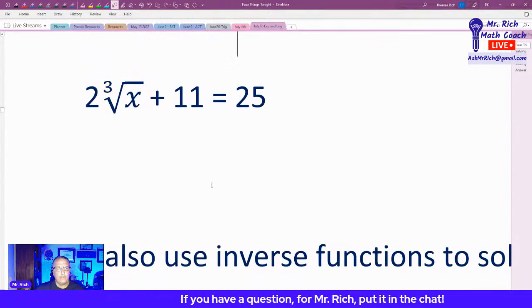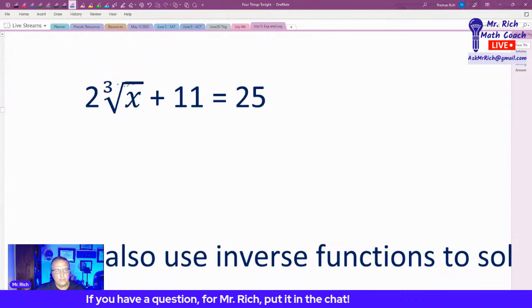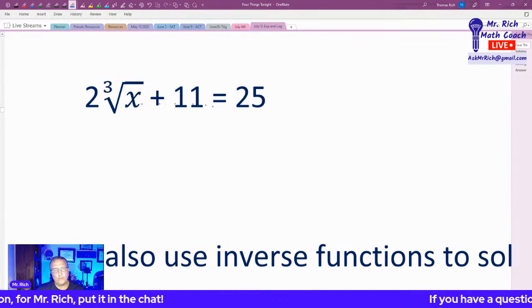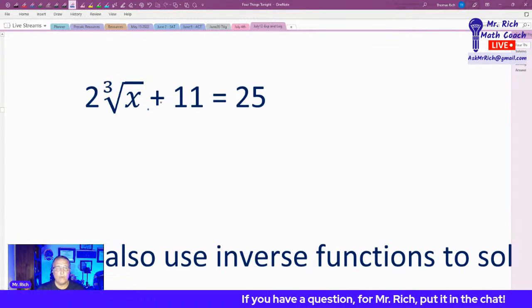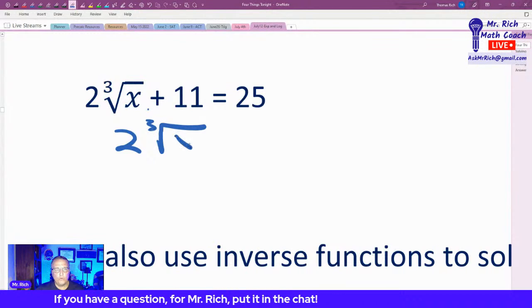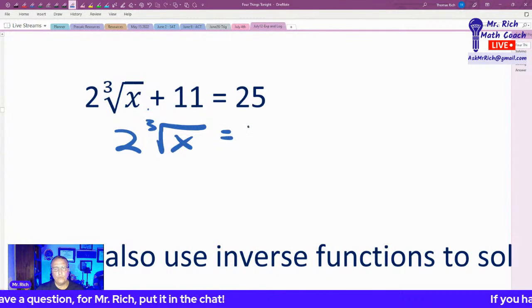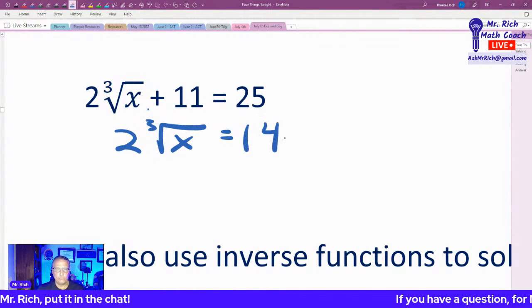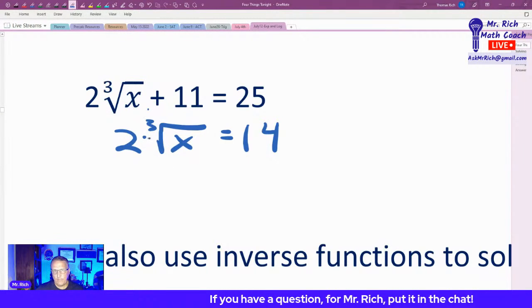I can do the same thing here. I've got a cube root of my variable x, but I'm going to first start off by getting rid of my plus 11 by an inverse operation of subtraction, giving me 2 cube root of x is equal to 14. I will then reverse the operation of multiplication here by dividing by 2 on both sides.